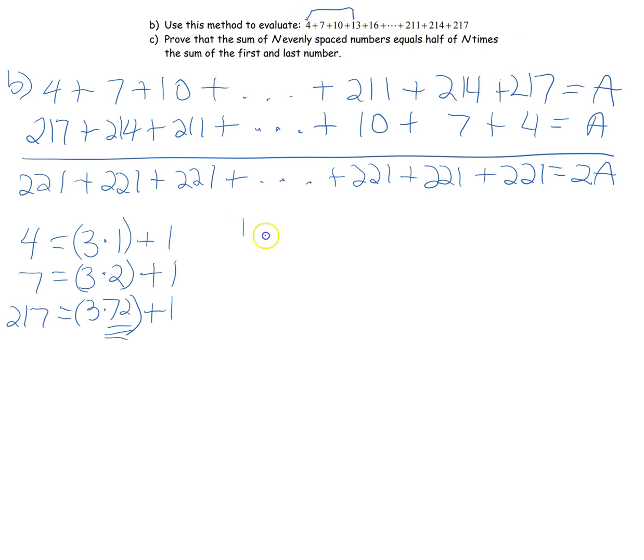So take 13 minus 4 and divide that by 3, which is our gap. This is going to give us how many terms we've added to 4, our first number. So 13 minus 4 is 9, divided by 3 is 3. So this means that we've added 3 terms to our first number, which is 4.